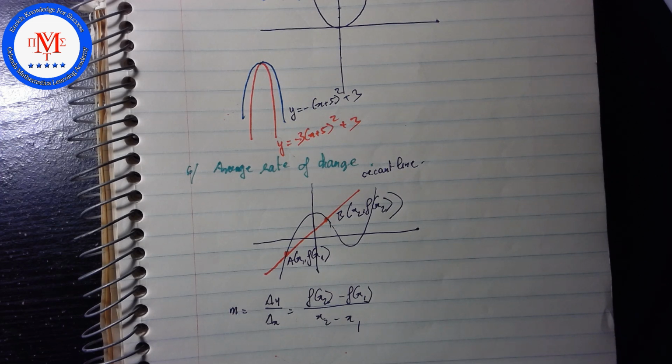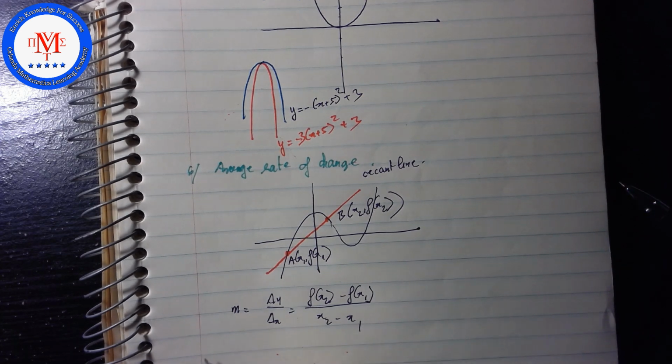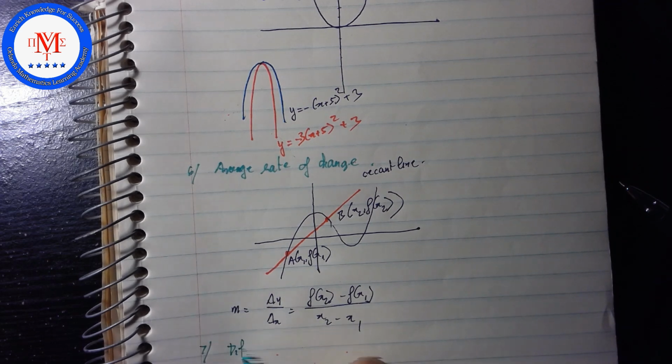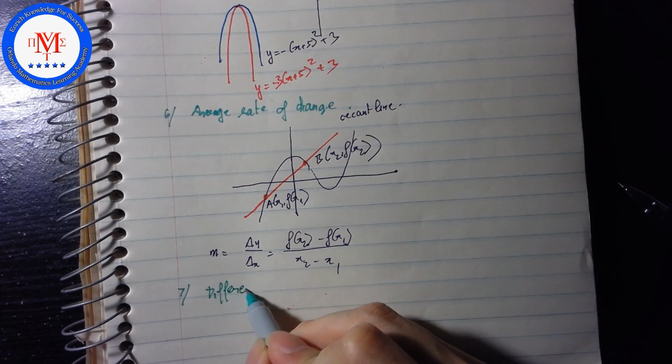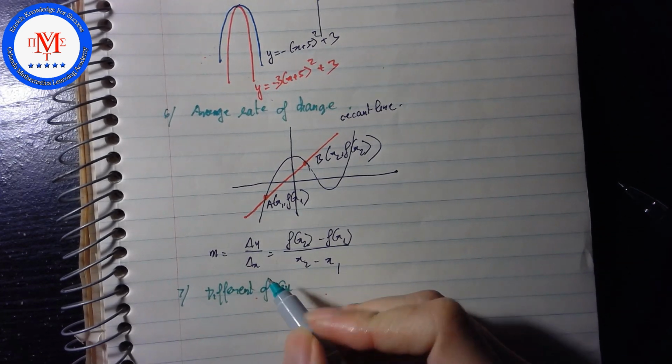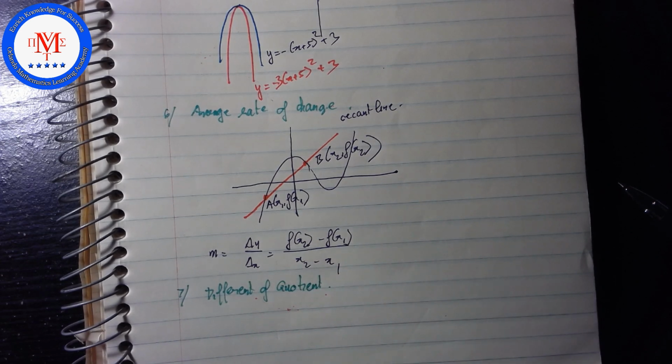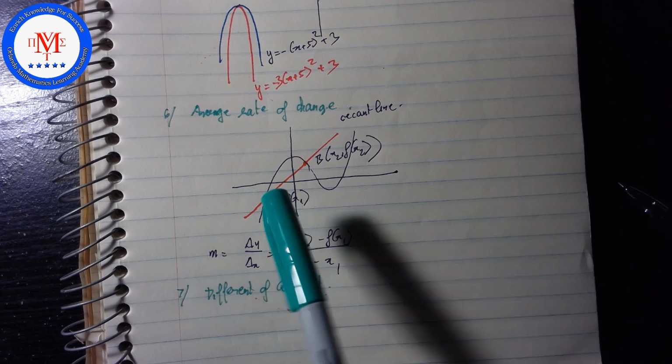Next, 7. Difference quotient. Okay. So in part 6 over here, we had a formula for average rate of change of the secant line.